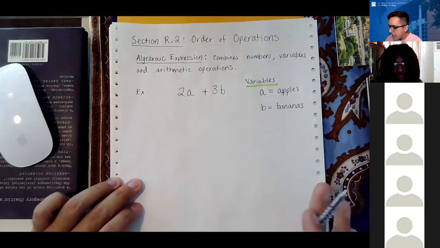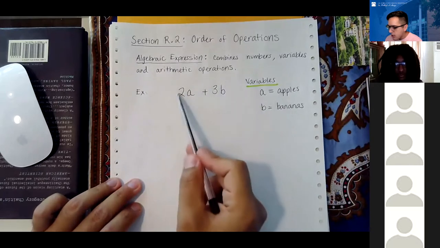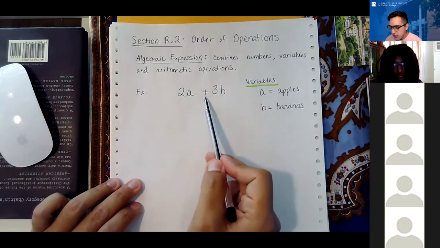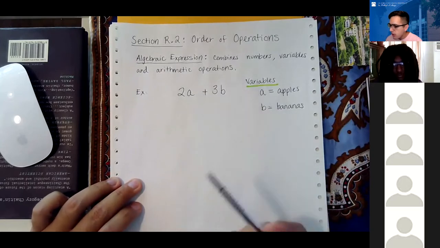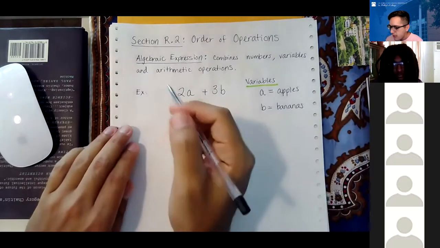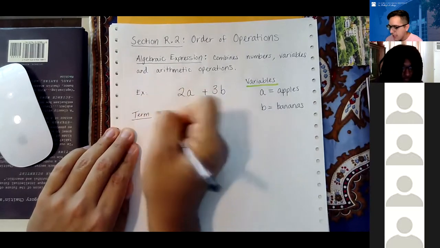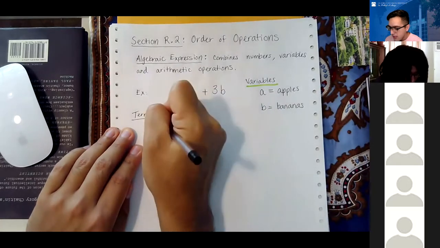Okay, but that being said, this expression here, 2A plus 3B, has the arithmetic operation of addition, but there's some other stuff going on that we have to talk about. So some words that you might hear me say are terms.